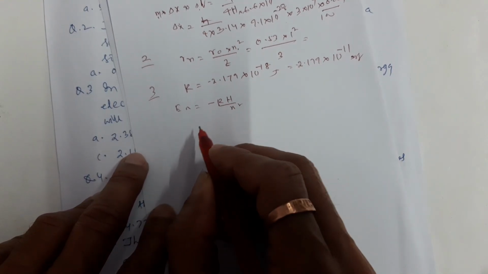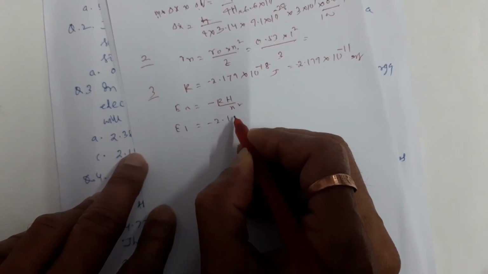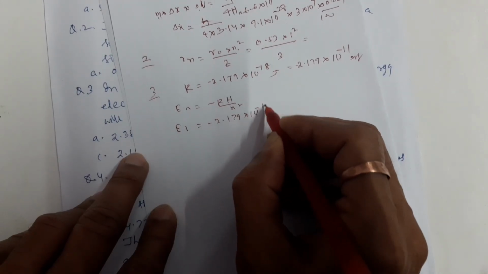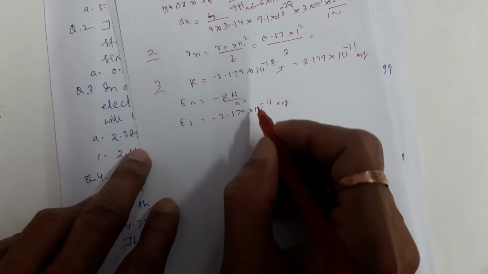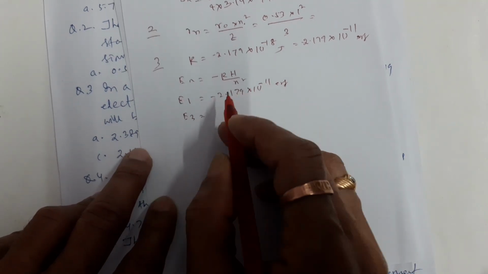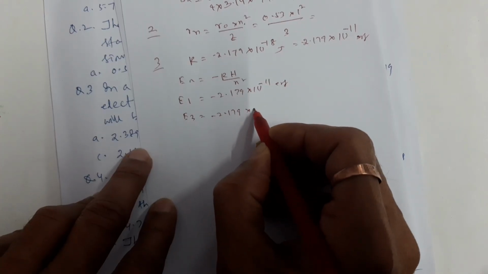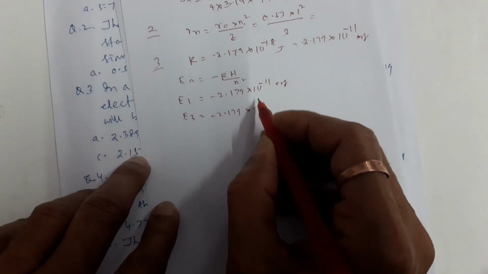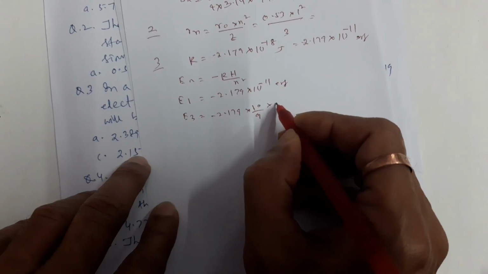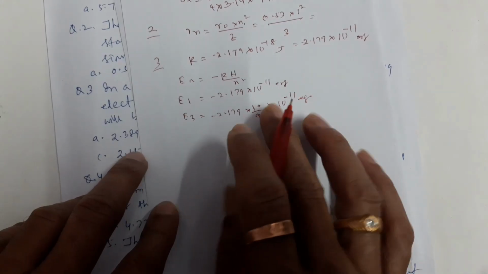So your E1 is equal to minus 2.179 multiplied by 10 to the minus 11 erg. E3 is minus 2.179 multiplied by 10 to the minus 11 erg divided by 9.